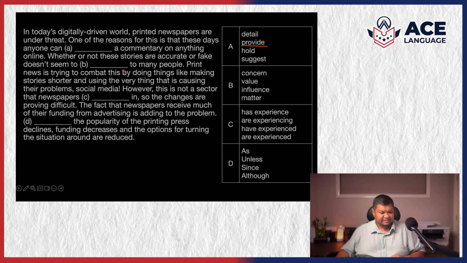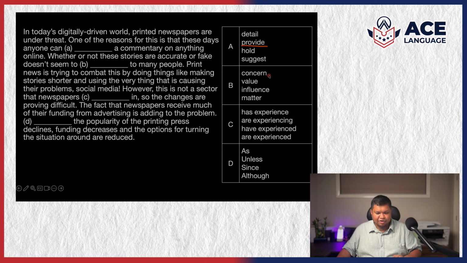The next sentence says, whether or not these stories are accurate or fake doesn't seem to dash to many people. So why is it happening? Because many people these days do not care about whether it is genuine or fake, right? They just want to believe it, right? So care is the one that comes to our mind.